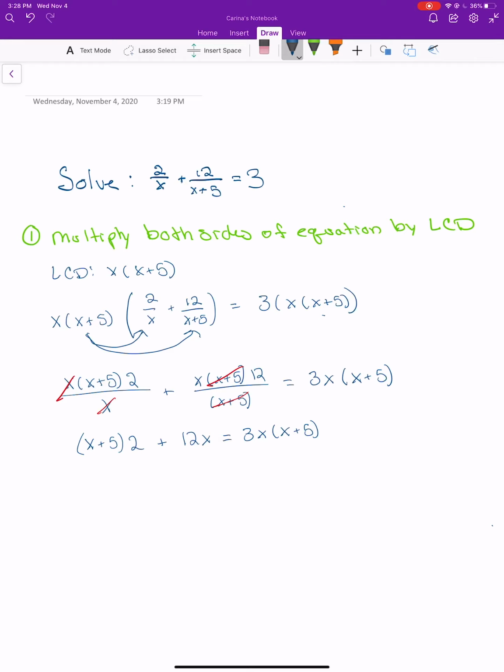Okay, now from here, so I guess step 2, step 2 would have been distribute. Step 3 would be simplify.